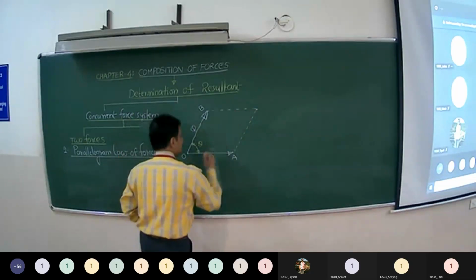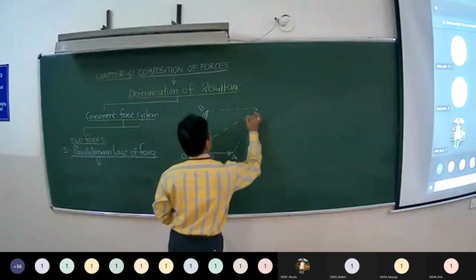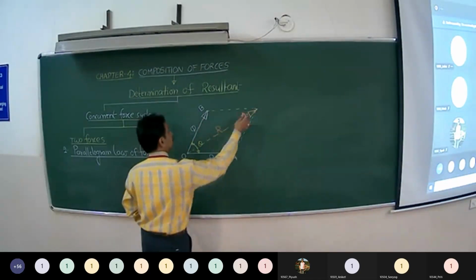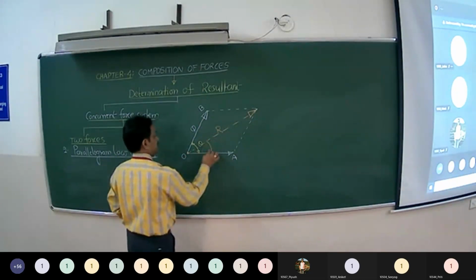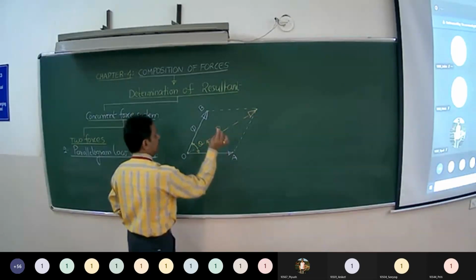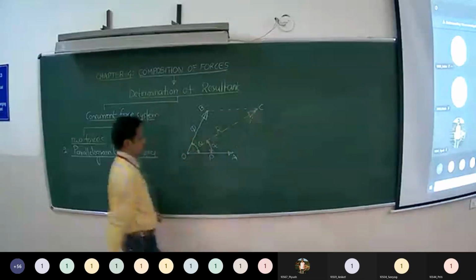Then the resultant of these two forces is represented in magnitude and direction by the diagonal of the parallelogram passing through the point of intersection. So the direction of resultant with respect to P is alpha. Let us say this is C.